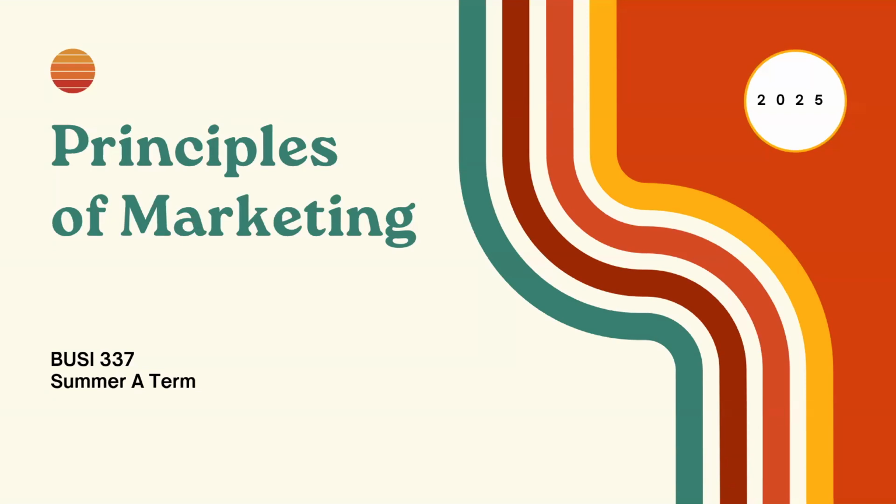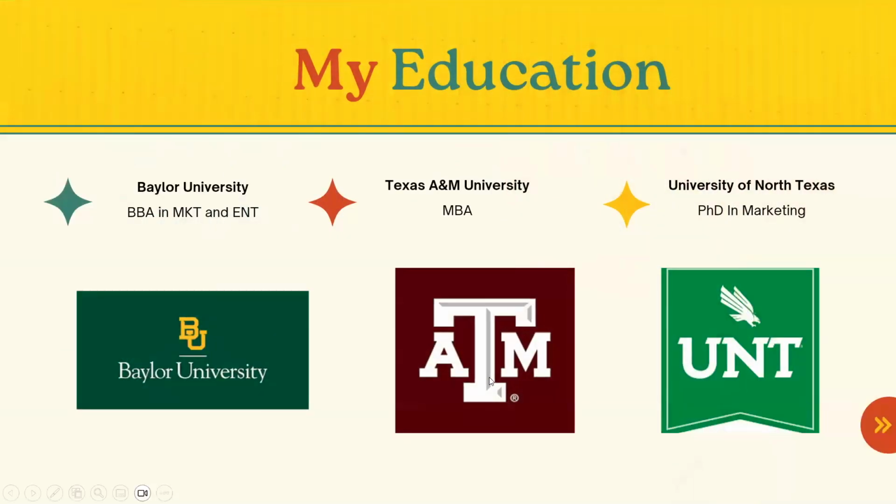Before we jump into how the course is structured, I wanted to give you a little bit of background about myself, in terms of why I am qualified to teach this course. I have an undergraduate degree from Baylor in marketing and entrepreneurship. I have an MBA from Texas A&M, and then I have a PhD in marketing from the University of North Texas.